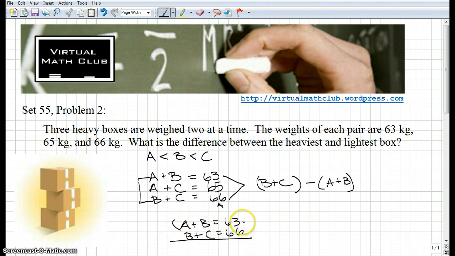And then subtract the top one, which is kind of odd, and I get 3. When I subtract B from B, I get 0, so I end up with C minus A.